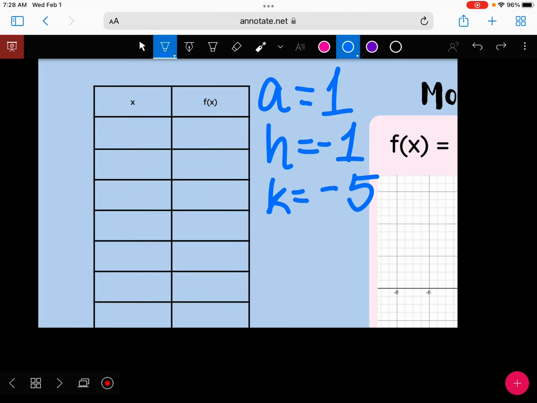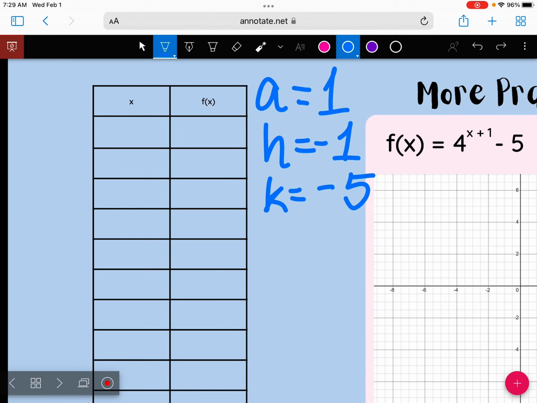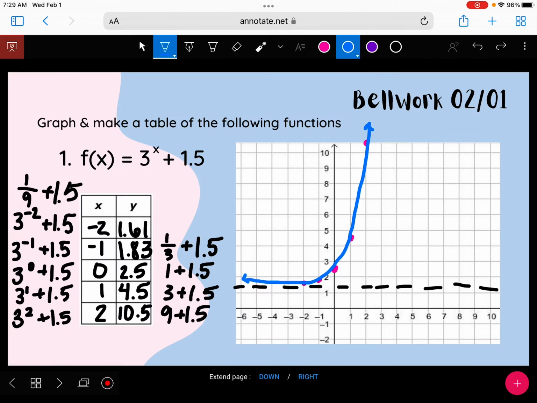Okay, so we just talked about this in the bell work. How do we choose our x values to plug in? What value do we use? Our x. It's from our a, h, and k. We choose one of those values, and it helps us know what x values to use. If you look back at your bell work, we started with 0.